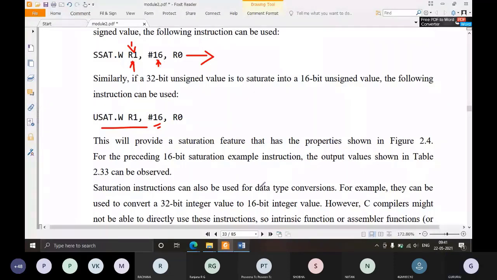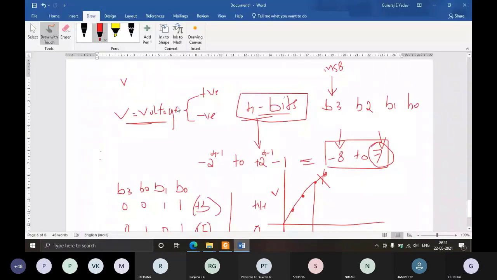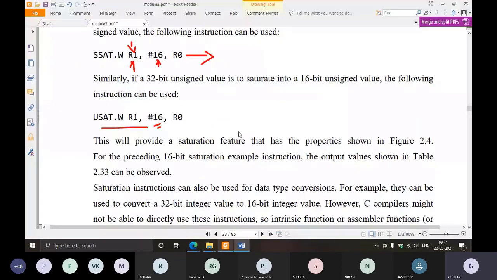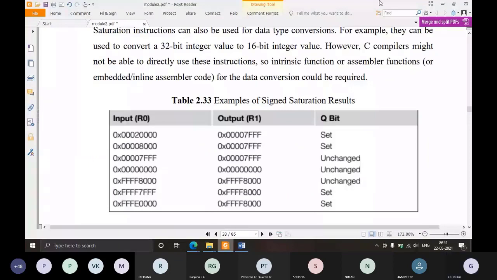Fine. There is a table here which will show you the saturation values. Here we are saturating the values to 16 bits, and they are signed values.